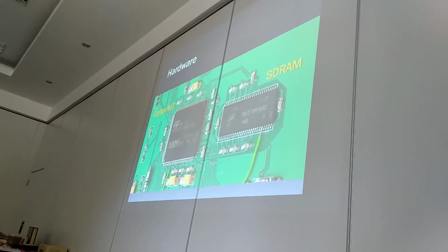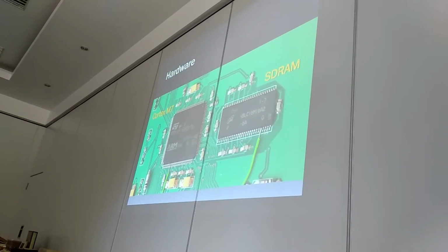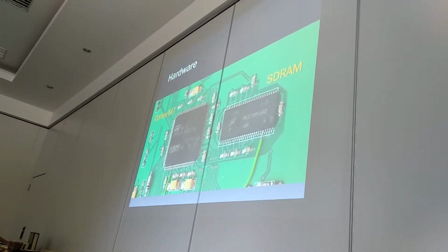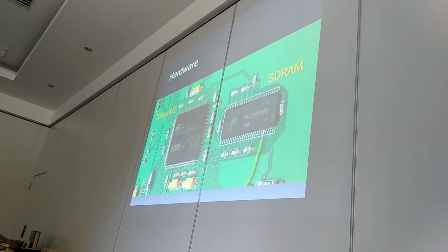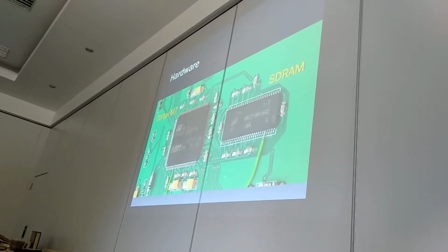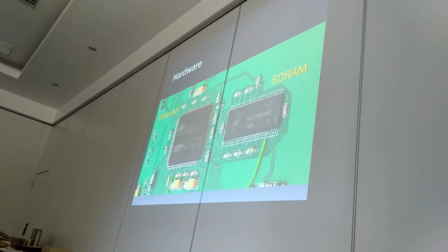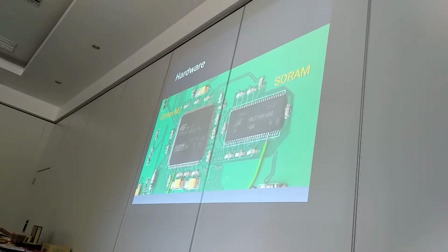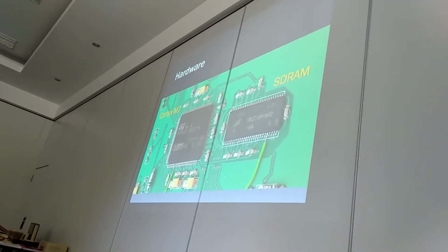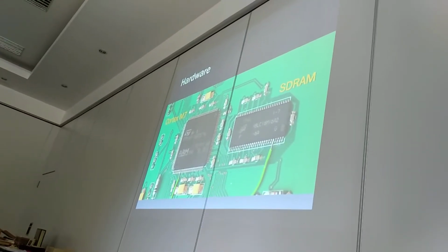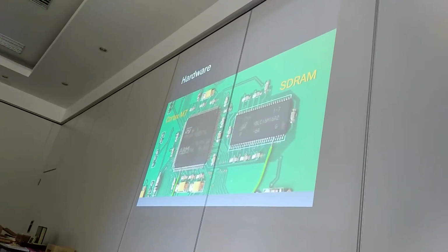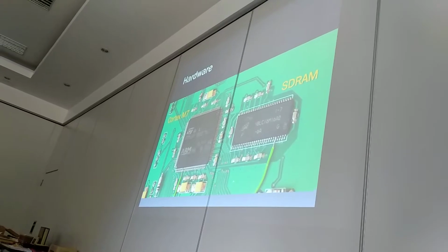The microcontroller is a so-called Cortex M. Now, Cortex is a class of microcontroller that was designed by ARM. If you look at the Raspberry Pi or lots of smartphones, you'll find Cortex A microprocessors or microcontrollers.